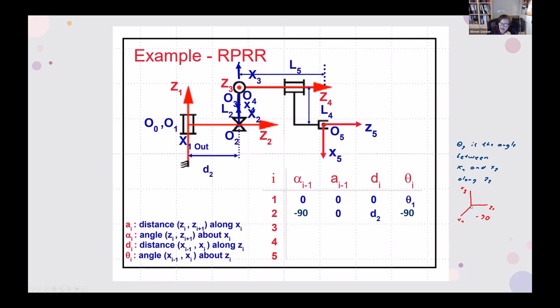My thumb is going to be showing along negative z2. Therefore, this angle is 90 degrees, but its sign is going to be negative. So I put -90 here as theta 2.